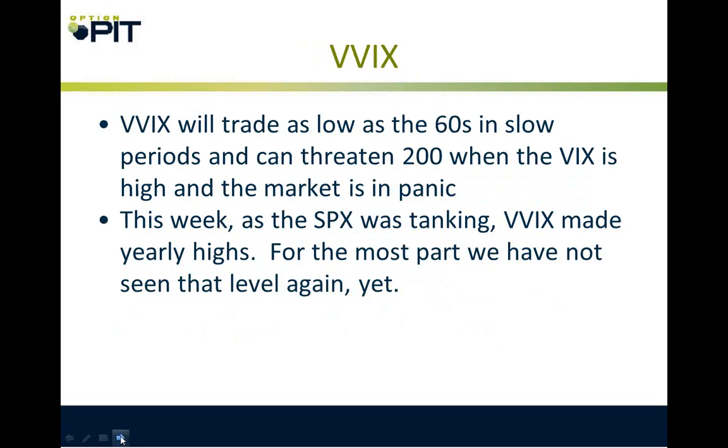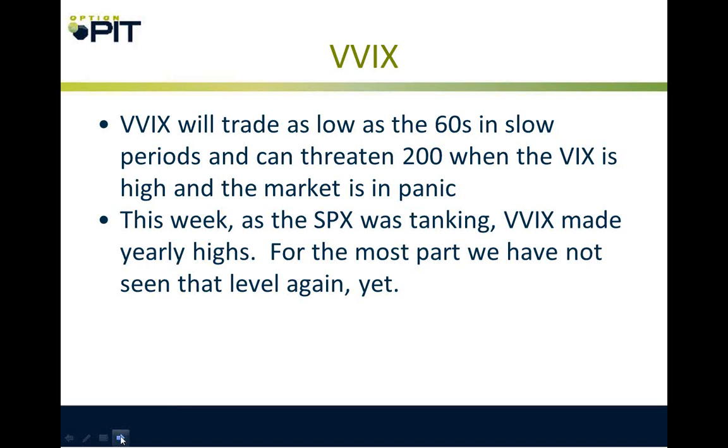VVIX will trade as low as the 60s in slow periods, and it can get as high as 200 when VIX is high and the market is in panic. So the VVIX, the VIX of VIX, is an annualized volatility of the next 30 days on VIX.